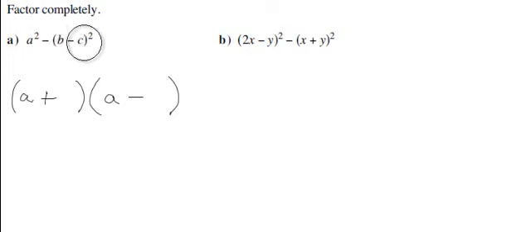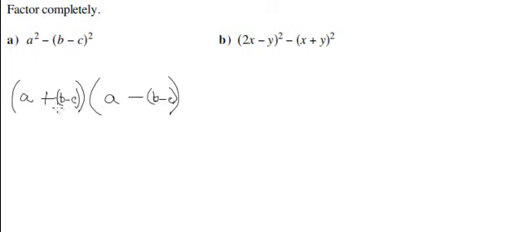The second thing was b minus c, and so that has to go in the second place there, and it has to go in the second place here. So a squared gives us a times a. b minus c squared gives us b minus c times b minus c again.